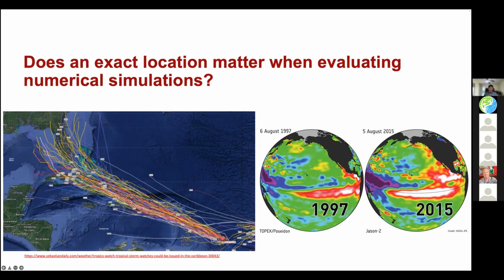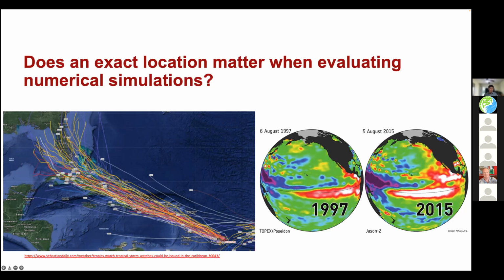In contrast, on the right, you see sea levels during the El Nino in 1997 and 2015. Both of these are known as extremely strong El Ninos. These maps visualize the sea level height anomalies. In El Nino years, both sea surface temperature and sea level height become higher over the tropical Eastern Pacific compared to normal years.